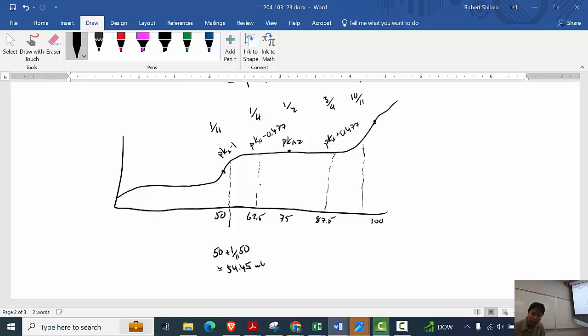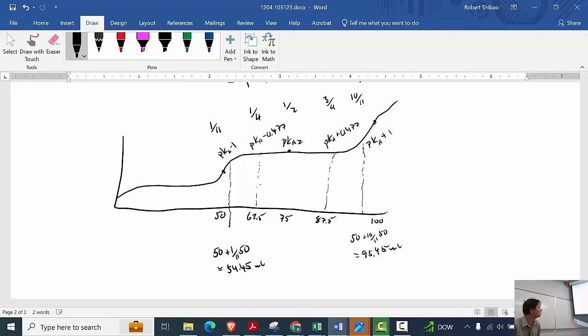It's just 50 plus 10/11ths of 50, which is 95.45 milliliters. And there we're going to get a pH that's equal to pKa plus 1. And so we can get these points quite rapidly.